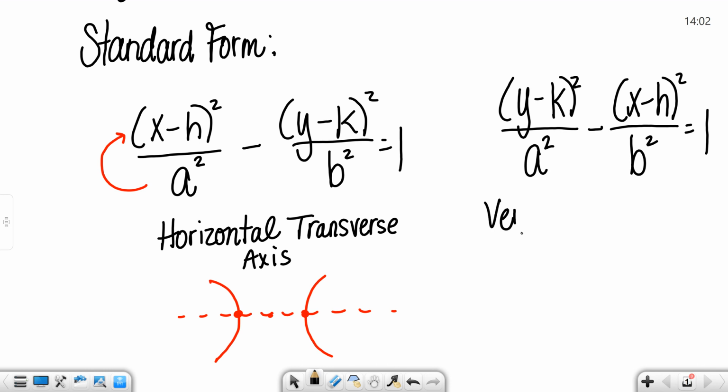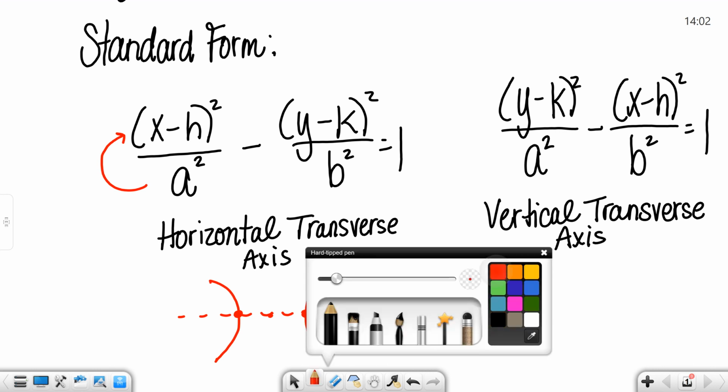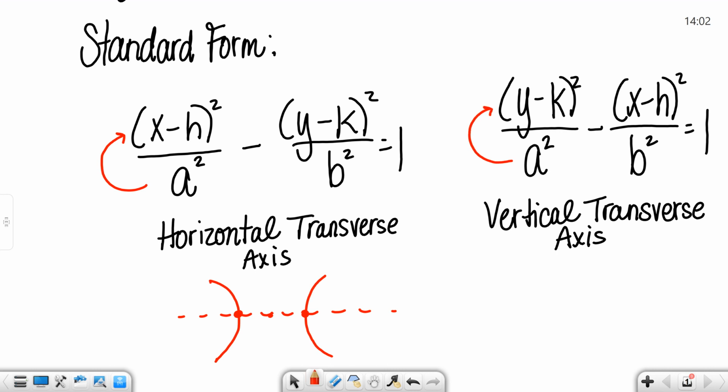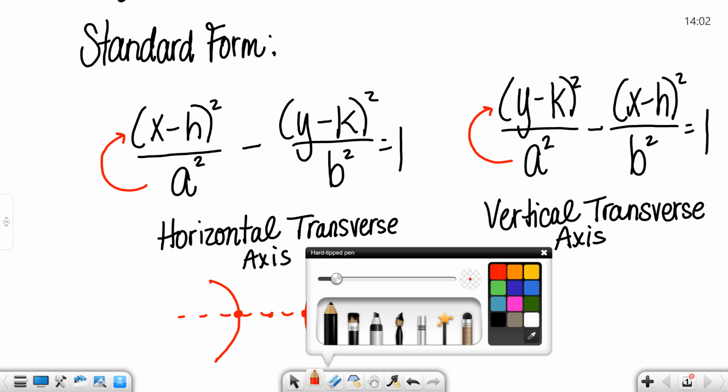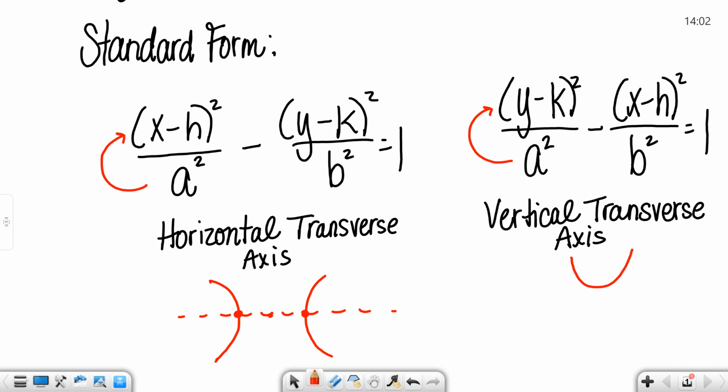Okay, on this one we have a vertical transverse axis. And if we look at our A value, it's up under the Y this time. So that's why our transverse axis is going to be a vertical line. Right?